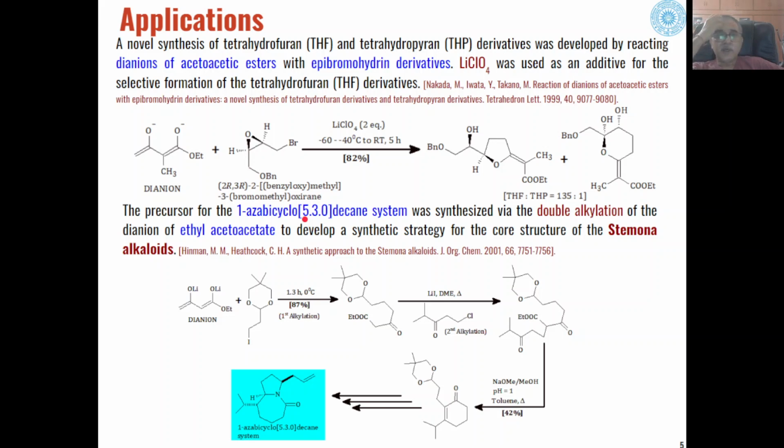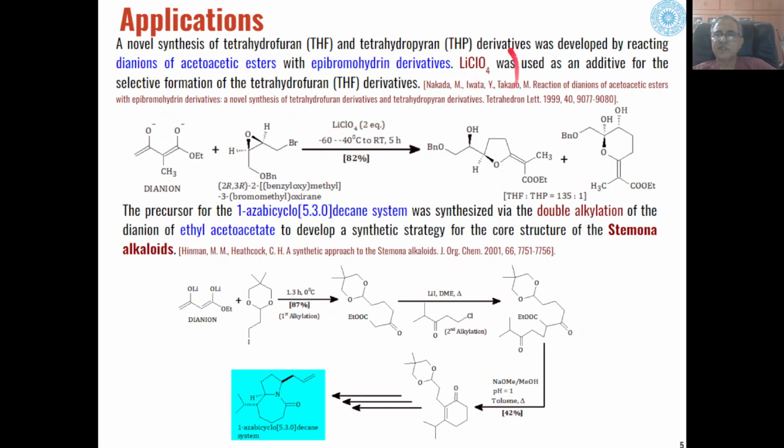Similarly, if we are using an excess of the base, we know dianions are formed, and formation of dianions can be used for the novel synthesis of tetrahydrofuran and tetrahydropyran derivatives, which can be synthesized when these types of dianions of acetoacetic esters are reacted with epibromohydrin derivatives.